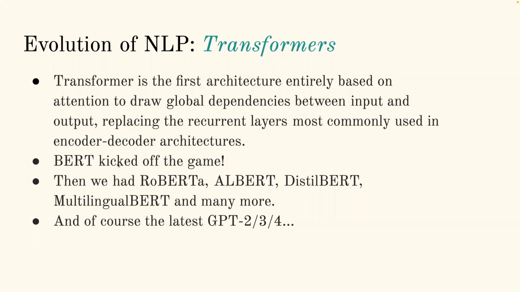After this paper came up, we saw BERT, which really kicked off the game of large language models. And after that, we saw RoBERTa from Facebook, ALBERT, DistilBERT, Multilingual BERT, and many more. And of course, the latest things are GPT-2, 3, and 4.